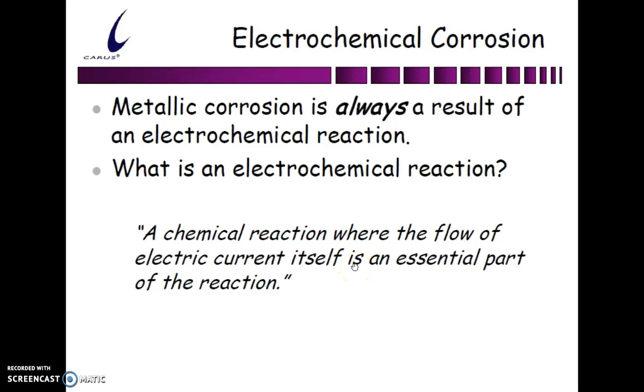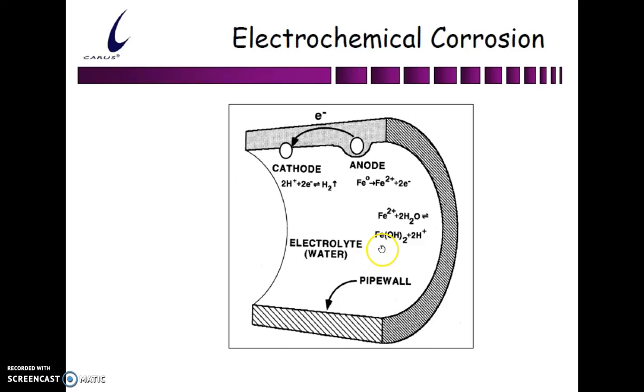In this case, we have the pipe, and then we have water in the pipe, and water will act to allow electrons to flow from one part of the pipe we call an anode to another part of the pipe we call the cathode. And what happens when water is in the pipe, it's called an electrolyte, it allows for the flow of electrons.